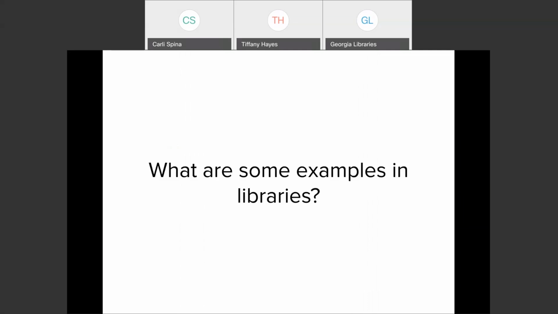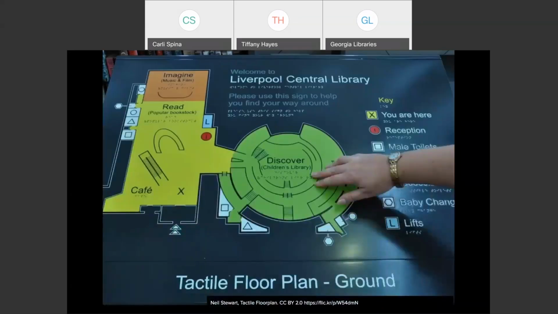So in libraries, you may already have come across something of what I talked about that is an example for your library. Plenty of libraries have curb cuts in their parking lots, automatic doors, those types of doorknobs. There's lots of different things that maybe could apply in a library setting. But some libraries are also doing some really exciting stuff that is specific to their library. So for example, the Liverpool Central Library has created a tactile floor plan.